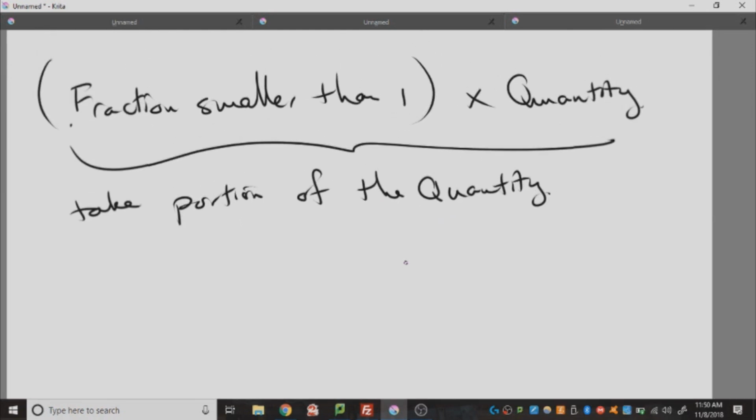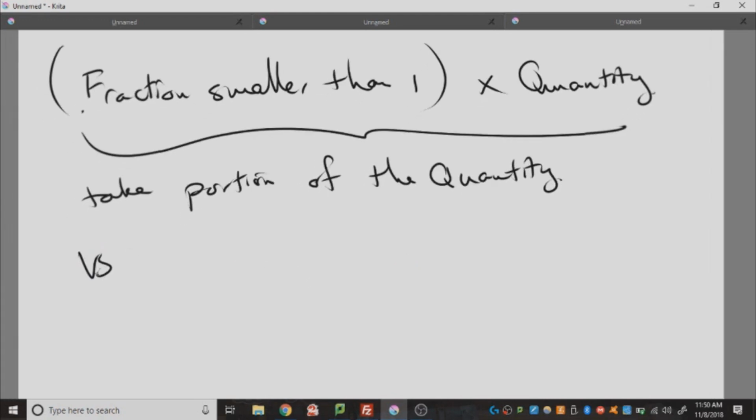That is the intuitive concept for fraction times a number. But that's not the intuitive concept of multiplication in general. That's not the intuitive concept of multiplication. If I have, for example, 2 times whatever quantity, what is the intuitive concept for that? How do we explain that?